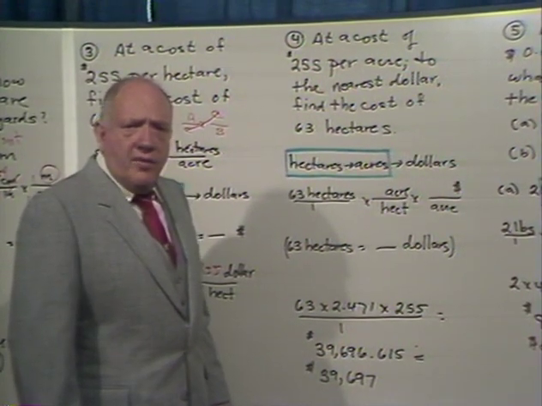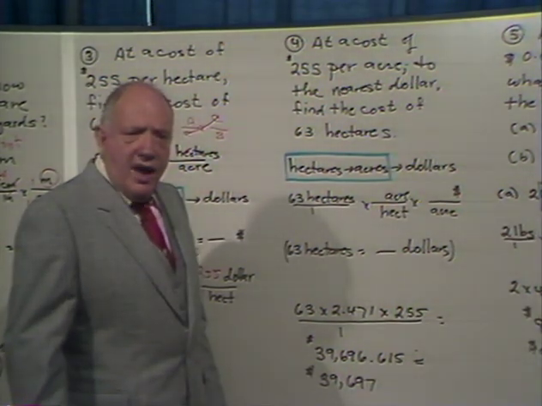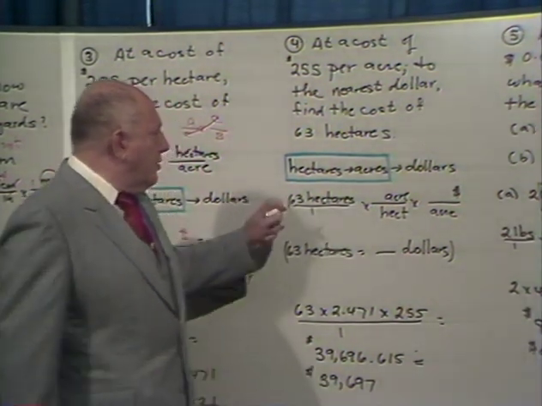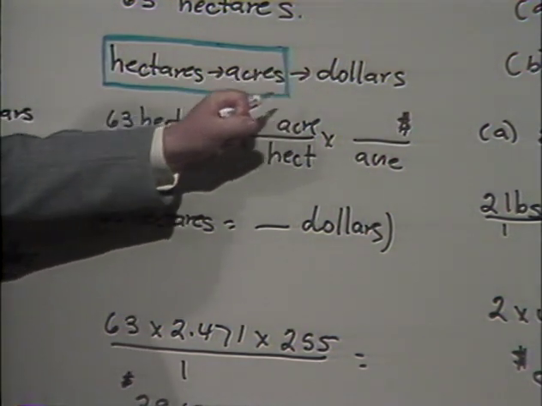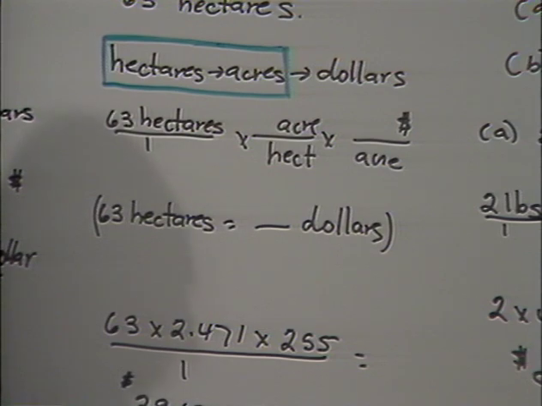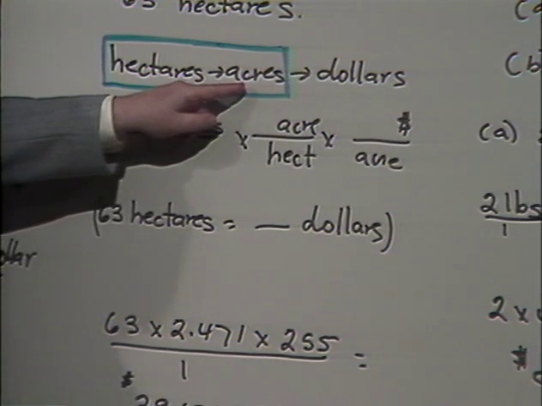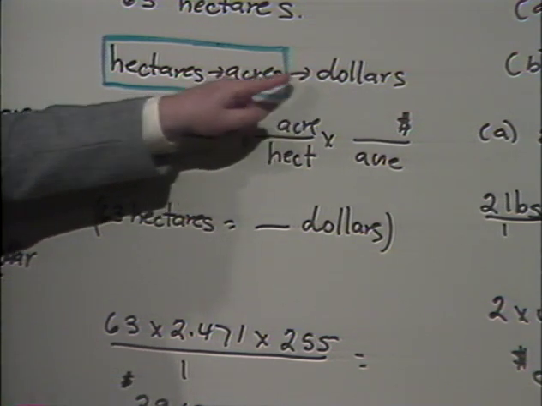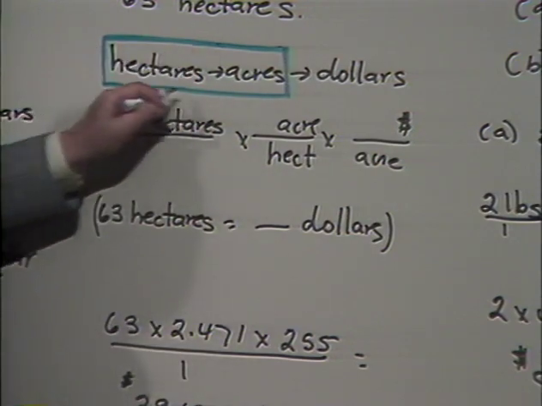It's too small to be the right answer, because there are more than 63 acres in 63 hectares. But again, what are we going to do here? We're going to go from hectares to acres to dollars. And why are acres being brought in as the middleman? Acres are being brought in here because the price is given in terms of dollars per acre, not dollars per hectare.